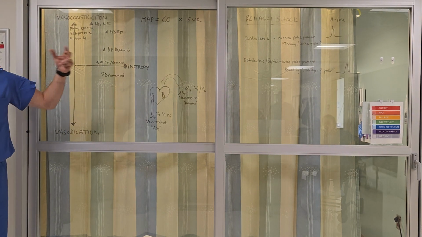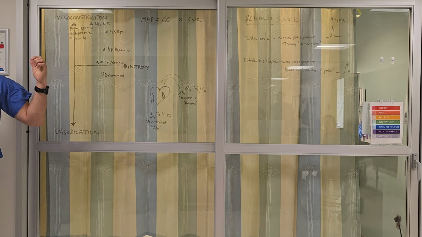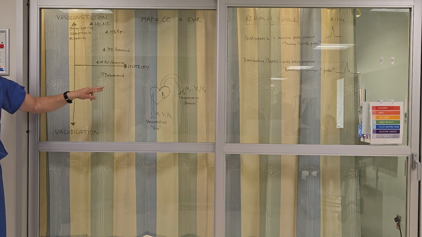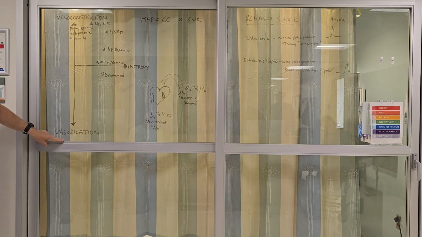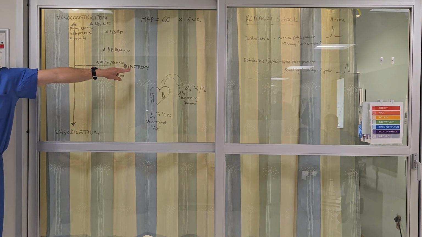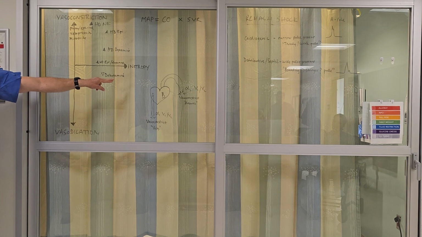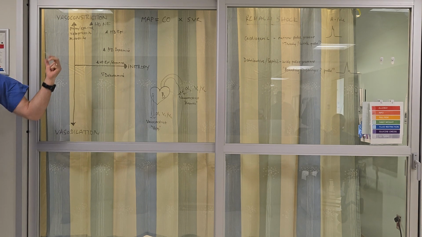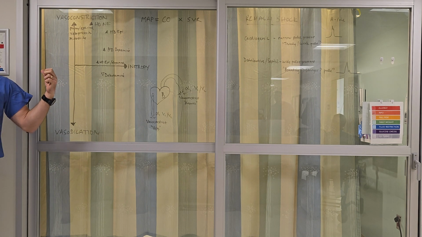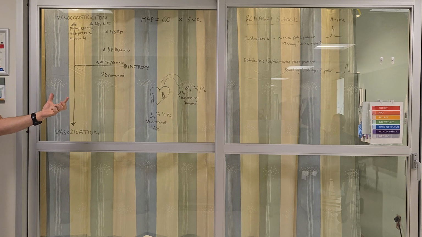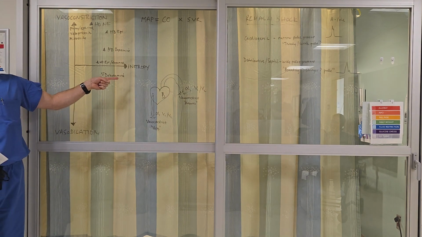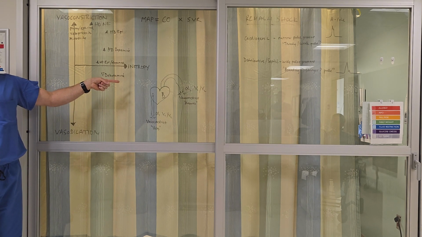It's an inotrope, increases beta activity. It's going to give you a little chronotropy too, going to increase heart rate. But now what box are we falling in? We're also falling in vasodilation. So these are called inodilators, okay? They're going to increase your contractility, but they're going to dilate your peripheral vasculature a bit. So they can drop your blood pressure a little bit.